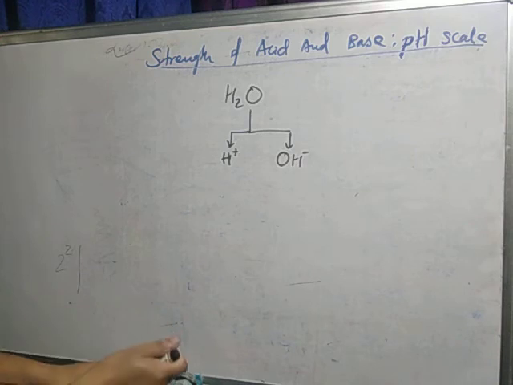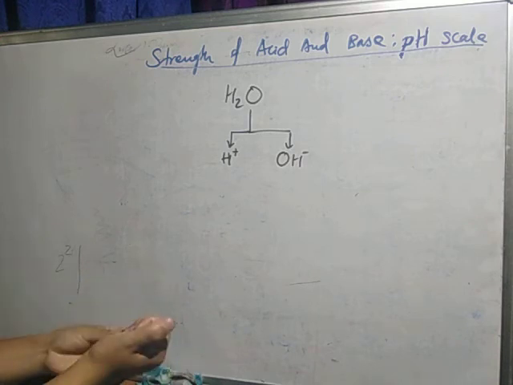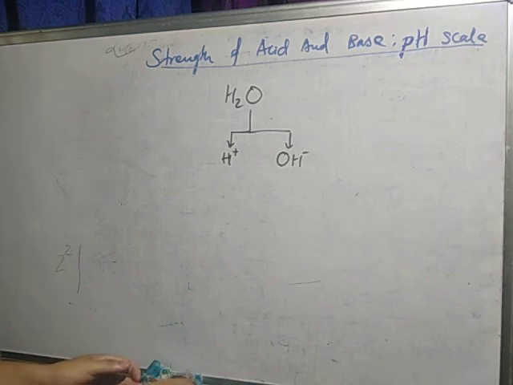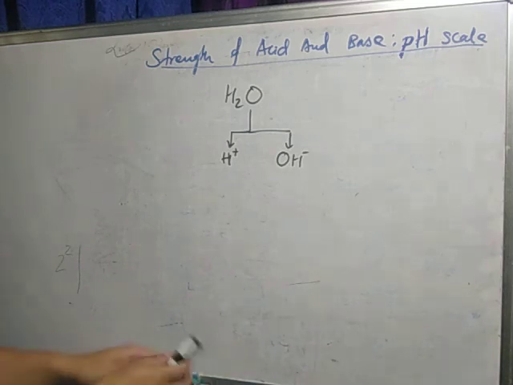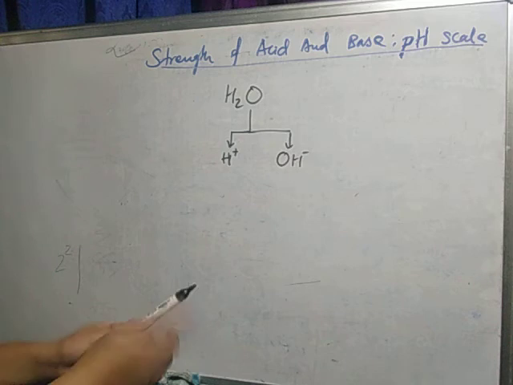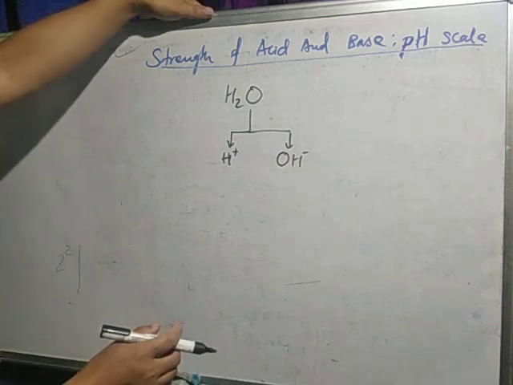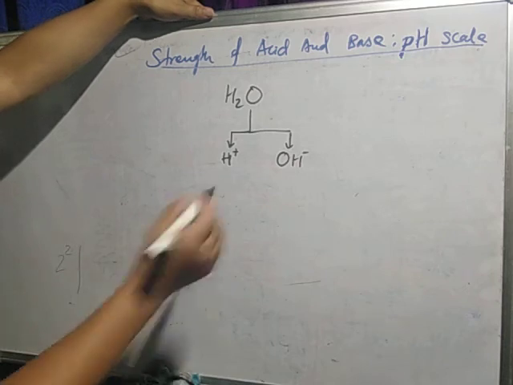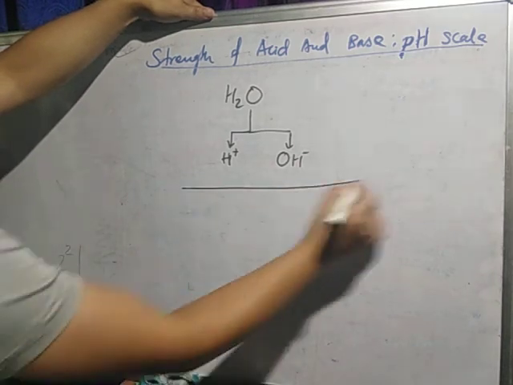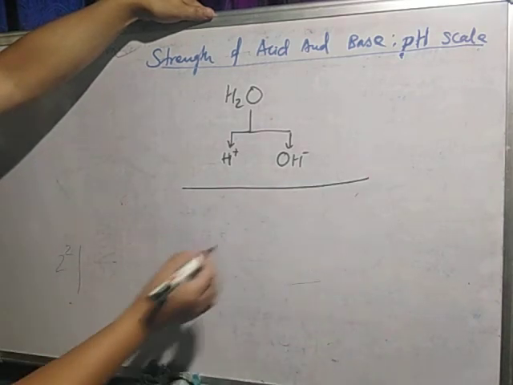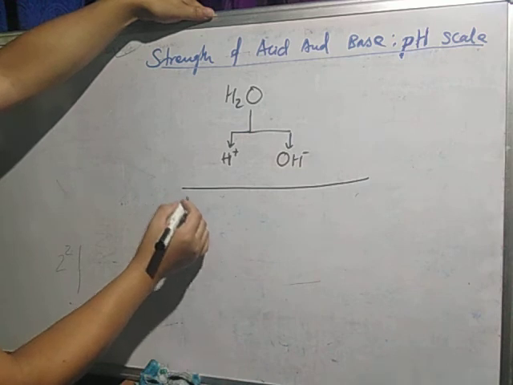So in 1909 the revolution of science, or the modern science came. One scientist was there, Sørensen, and he made the numbering.